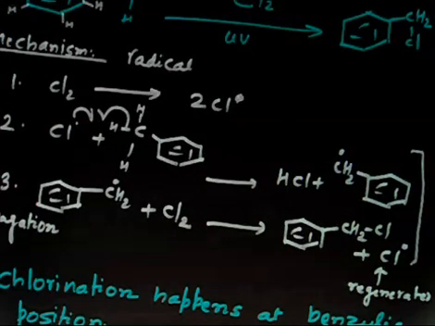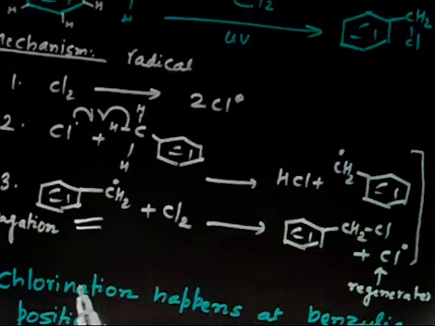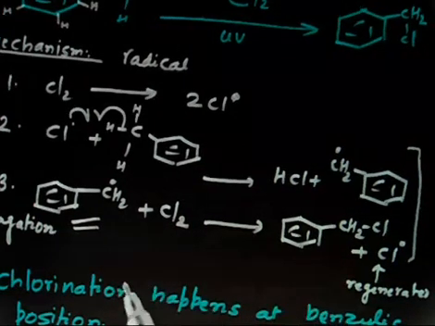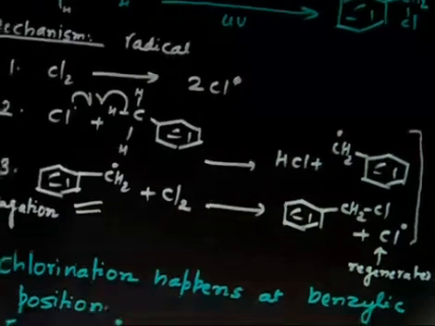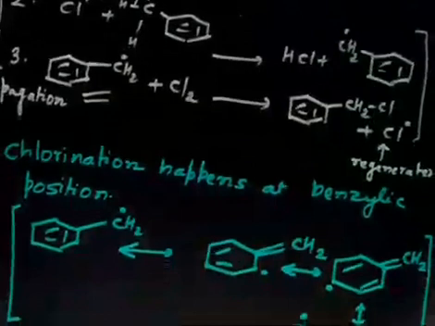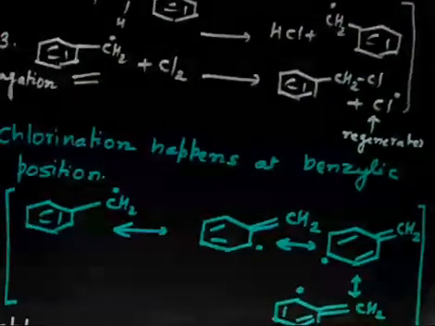Now if you want, you can also write a resonating structure of this benzylic radical, because this benzylic radical is resonance stabilized, and that's why chlorination happens at the benzylic position. I have already written these resonating structures. So you can write resonating structures for the benzylic radical, something like this. Are you getting? Let us copy this one.